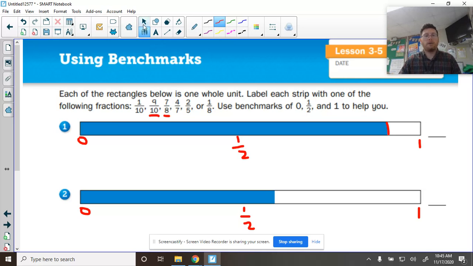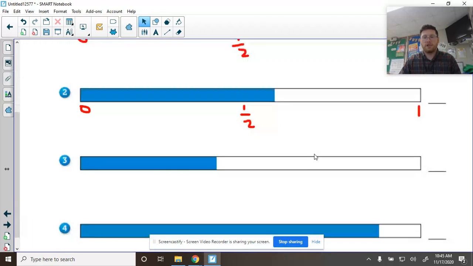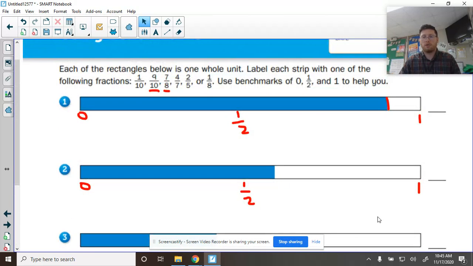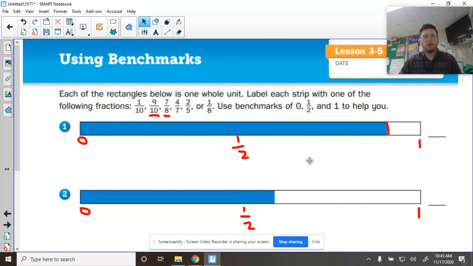If I were to look at my page over here, I would ask, is this close? And I would look down at the rest of them. So I have this one right here. Okay, I think I know which one it is.